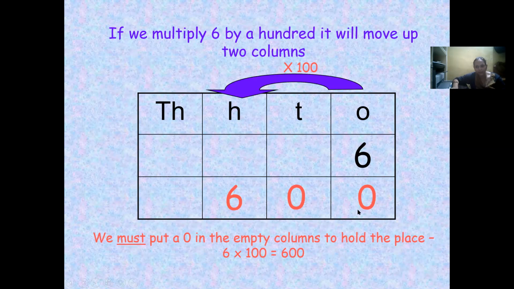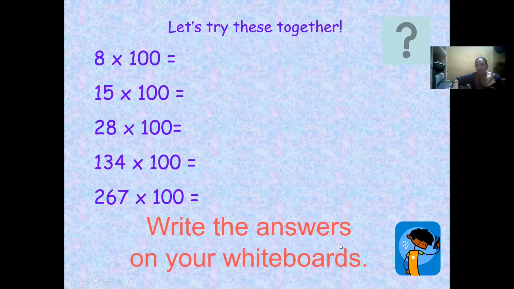Right? Is this clear to everyone? So we must put 0 in the empty columns to hold the place. 6 into 100 is equal to 600. So now, again I am giving you 2 minutes to try this and then we will check the answers.